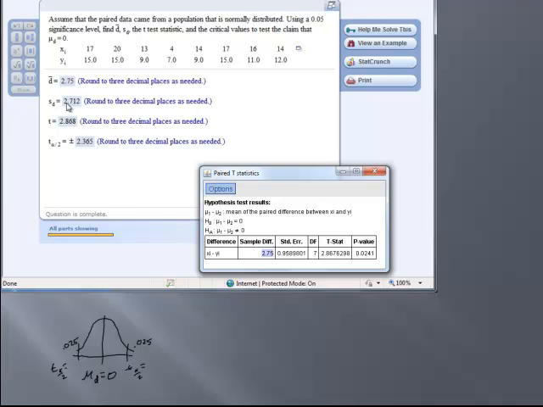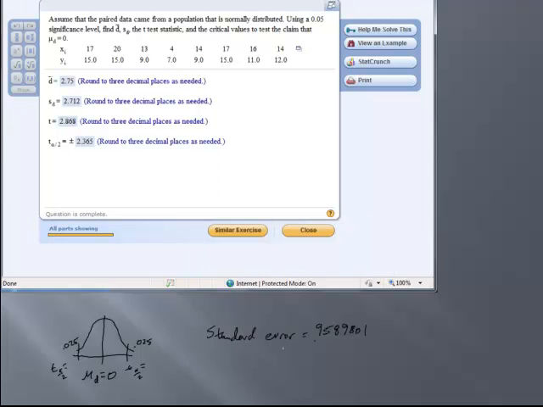Now that leaves this S sub D. This table gives us the standard error, 0.9589801. But that standard error is the standard deviation of the differences divided by the square root of the sample size. So if we think about this, 0.9589801 is equal to S sub d divided by the square root of 8.